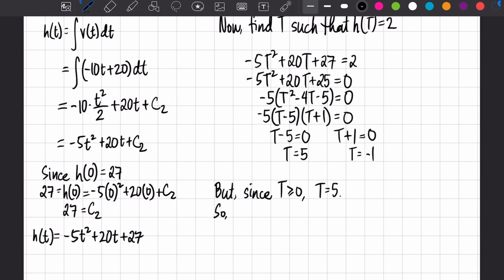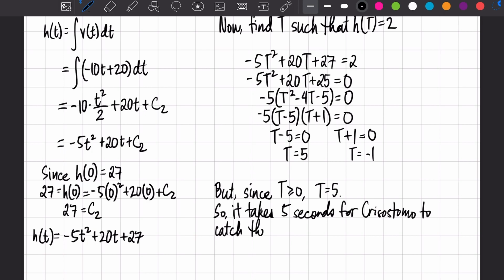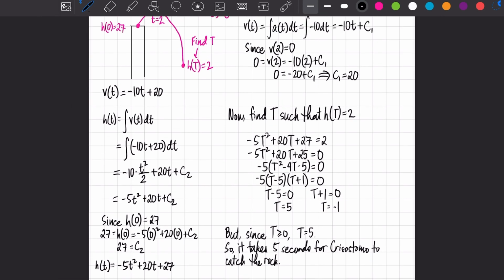So, our conclusion: it takes 5 seconds for Crisostomo to catch the rock. Okay? I hope this one is clear.